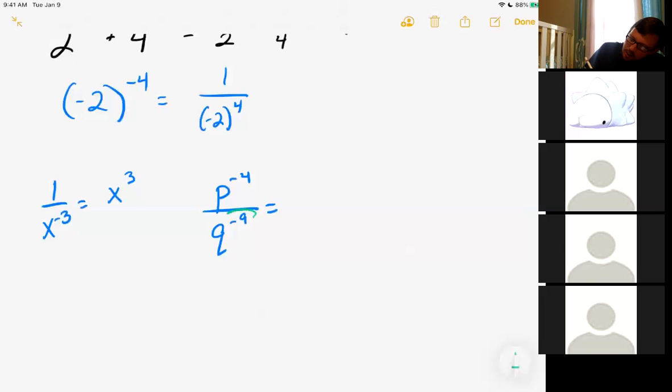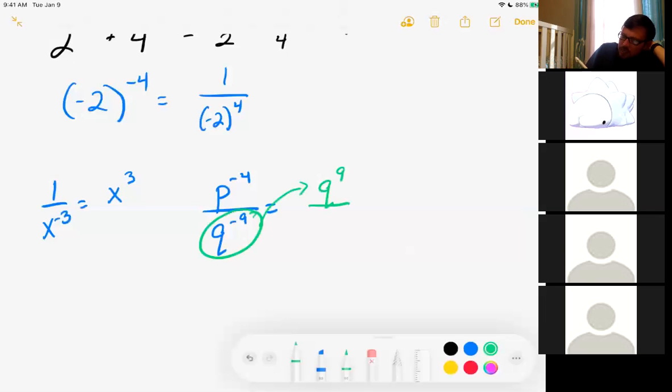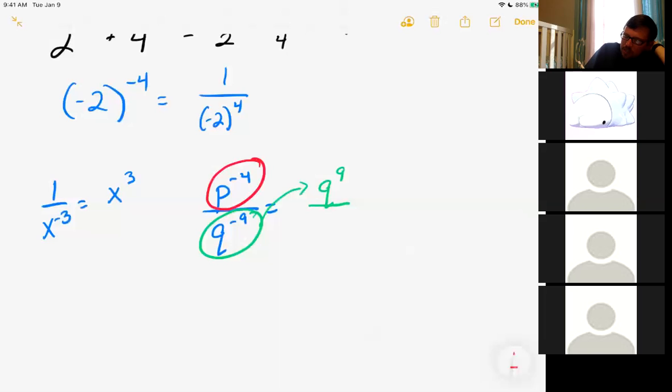So this q to the negative 9th has a negative exponent. It's going to move up into the numerator, q to the positive 9th. This p to the negative 4th also has a negative exponent, so it's got to move. But since it's in the numerator, it moves down into the denominator, and there's my answer.